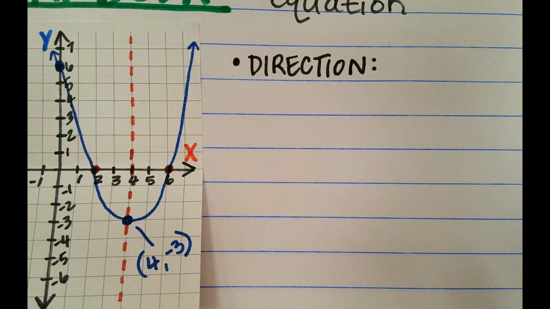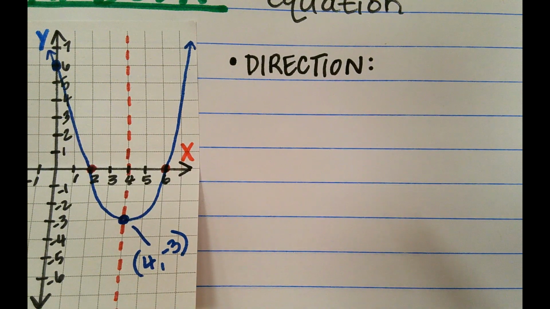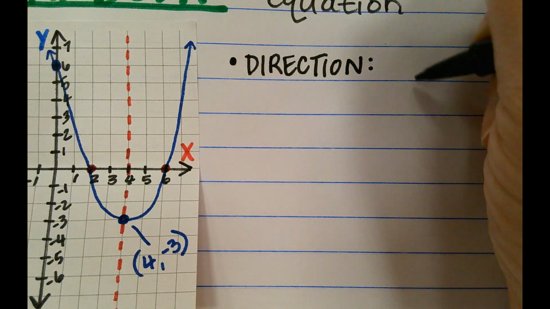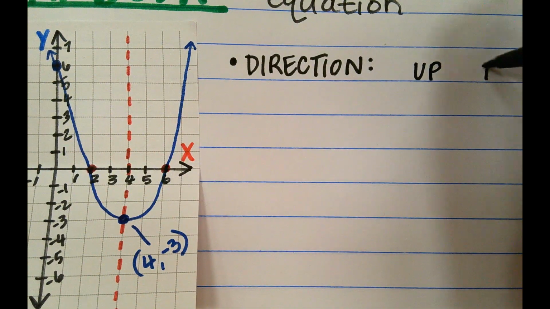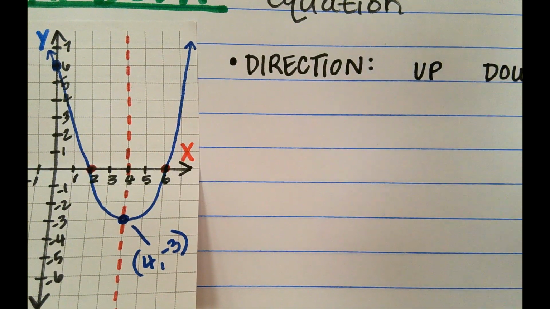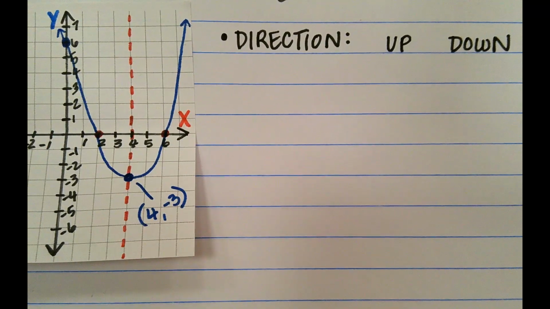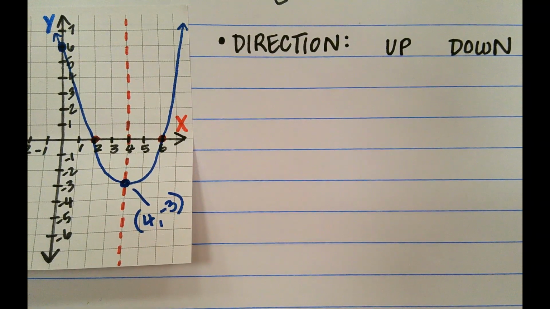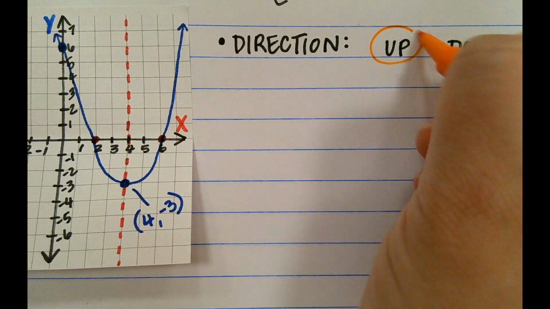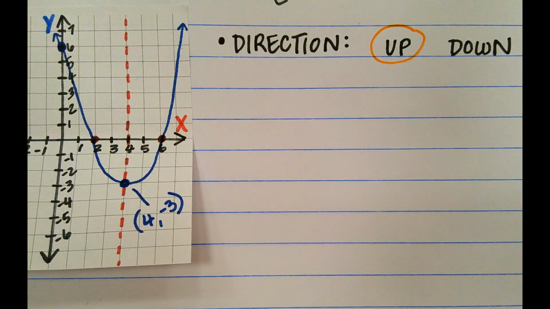And you'll have two options for direction, up or down. Now, just by looking at this, is this facing up or down? What do you think? Up. Up. Boom, done. Circle up.